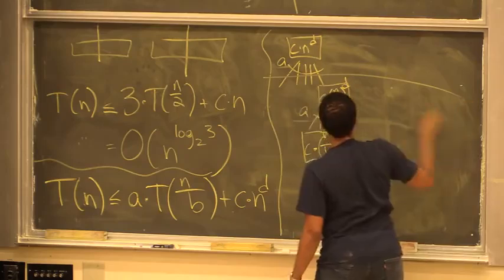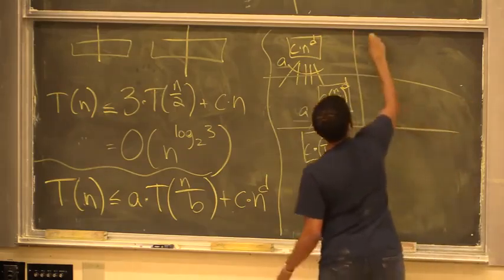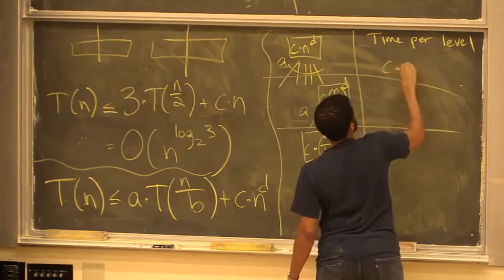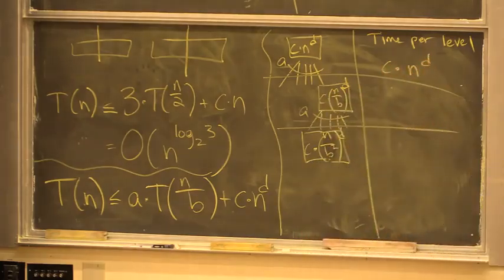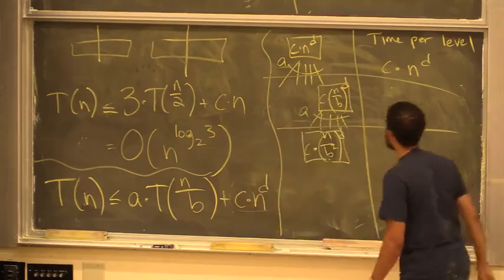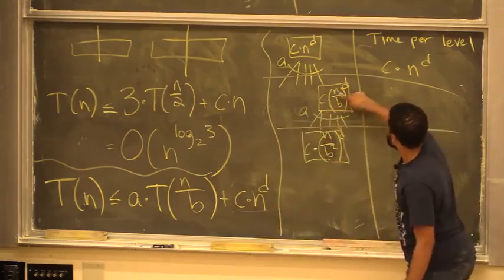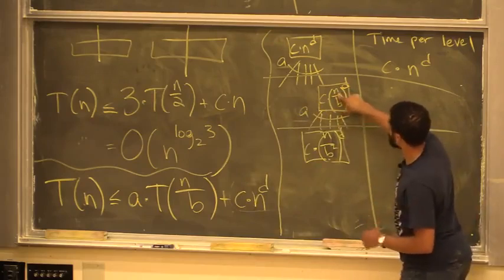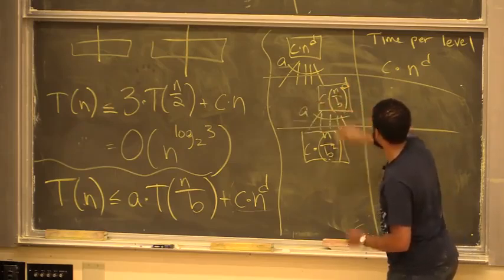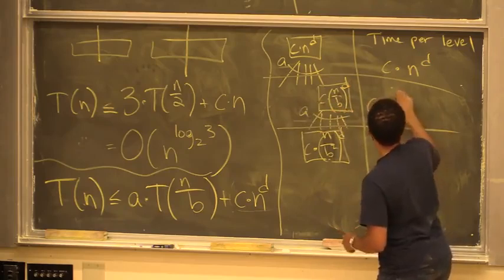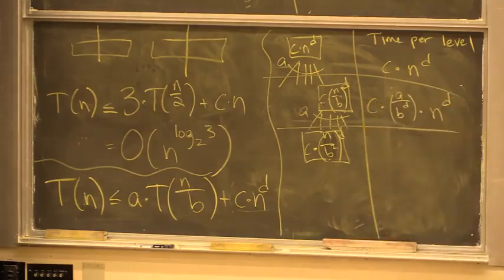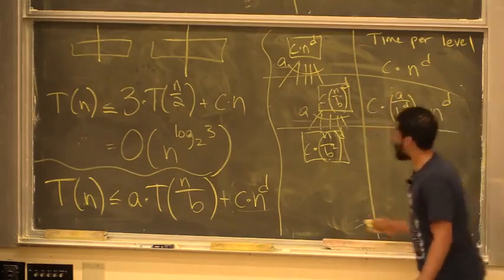So let's see what the time per level is. Here it's c times n to the d at the root level. There's only one node. And then here, after I do the recursive calls, the amount of time it takes to put everything together, well, each one is giving me an n to the d, and there are a of them. So it's a times n to the d over b to the d times c. So it's c times a over b to the d times n to the d. Right? Let me just do one more level.